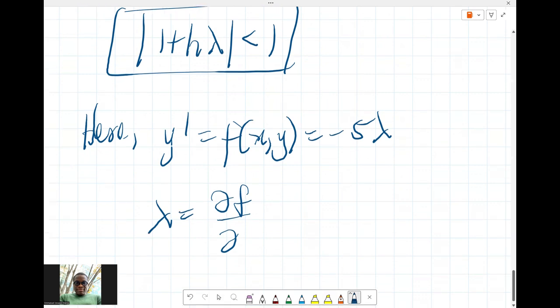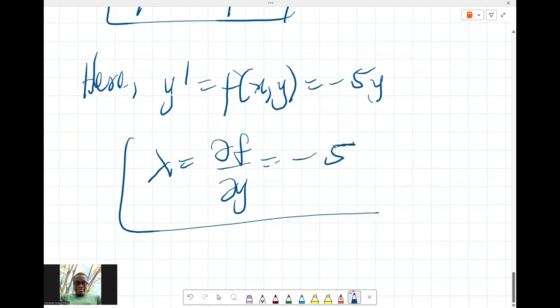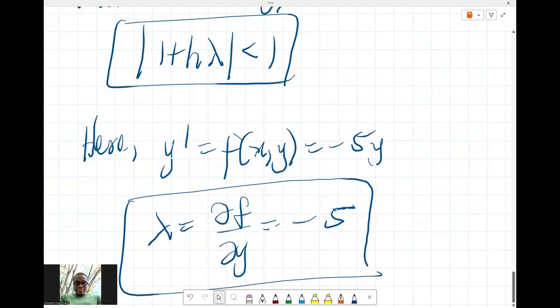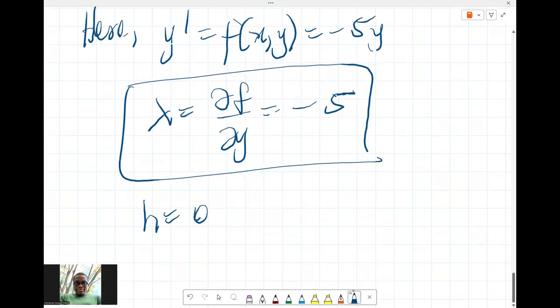Sorry, I was wondering why I'm calling that lambda. So partial f, partial y is equal to minus 5. So we have lambda to be minus 5, settled. And then what else do we need? We need h. H is already given. H is 0.1.